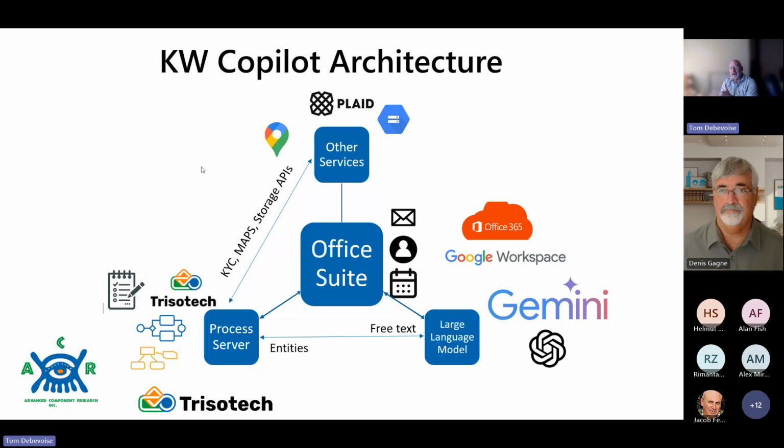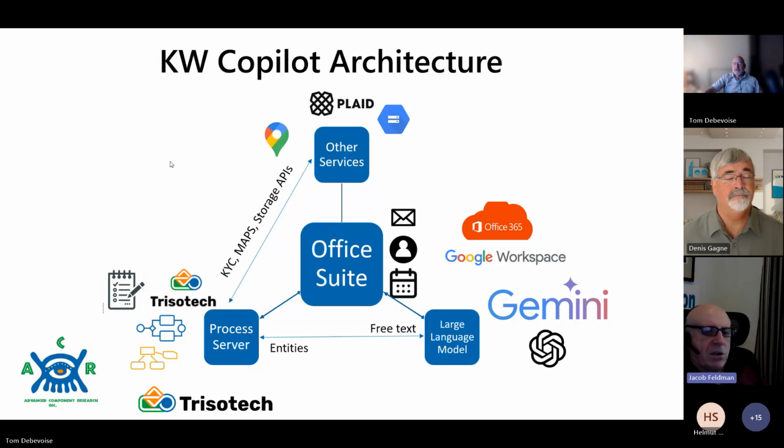The Google Cloud storage and the meta storage from Office 365 is part of that. So fundamentally, the knowledge worker copilot can operate right now within two Office environments, either Office 365 from Microsoft or Google Workspace from Google.